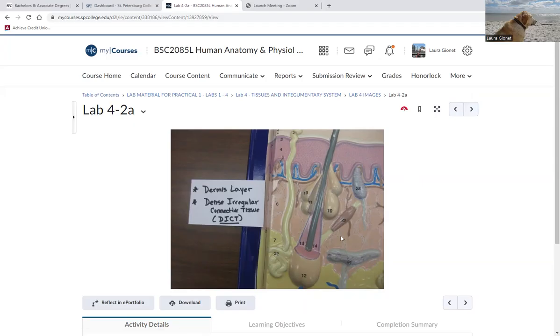So dense irregular connective tissue and simple cuboidal epithelial tissue, because these yellow tube systems here, they call number 21. And at the bottom where this yellow hose looks all kinked up on each other, number 22, that's a sweat gland or a sudoriferous gland. And it's composed of simple cuboidal epithelial tissue. We'll look at some of these others while we're here.